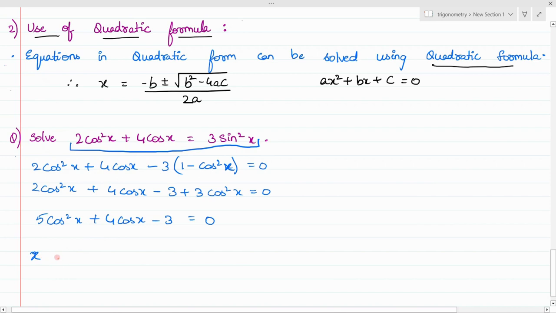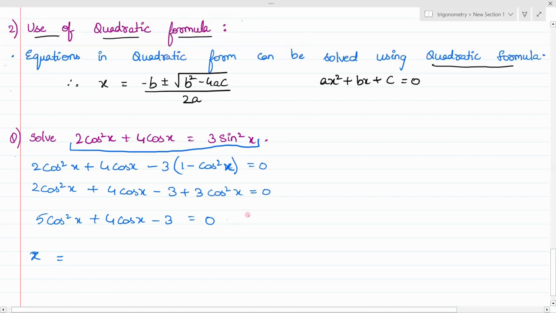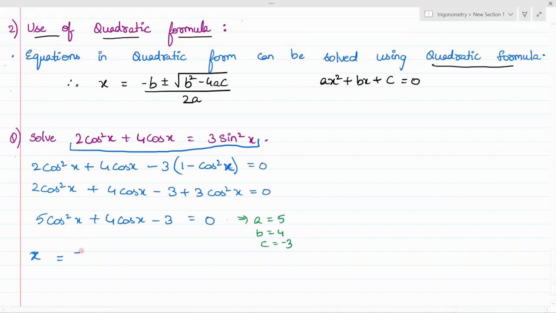So we can write x as, here if you observe with the quadratic equation, the value of a will be 5, b will be 4 and c will be minus 3. So just substitute in the formula, you will get minus b, minus 4 plus or minus under root b square, so 16, minus 4ac. So 5 fours are 20, 20 threes are 60, but c is negative, so it becomes plus 60, under root, over 2a, that is 10.